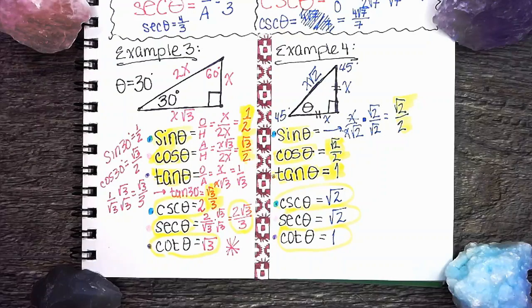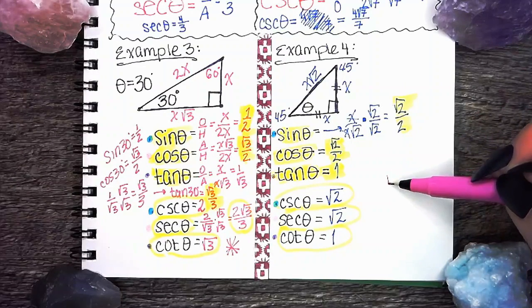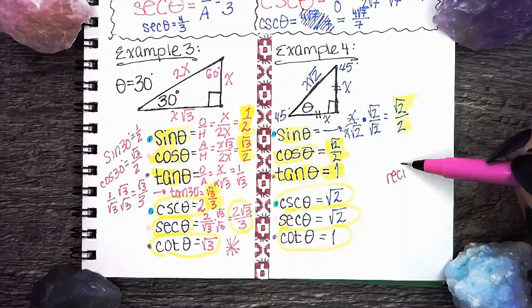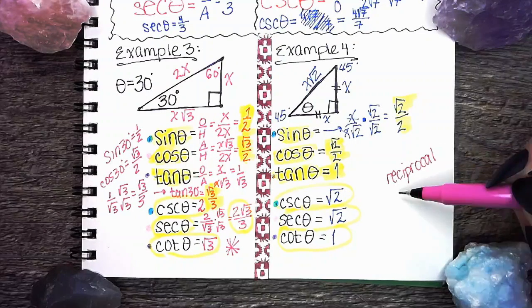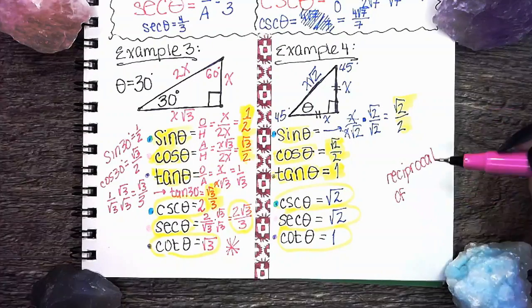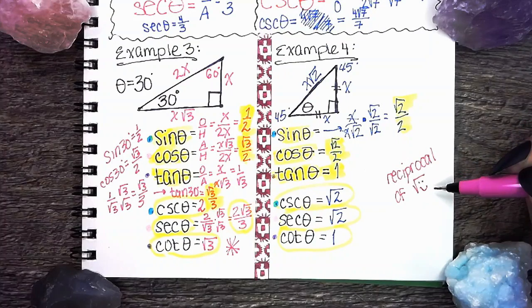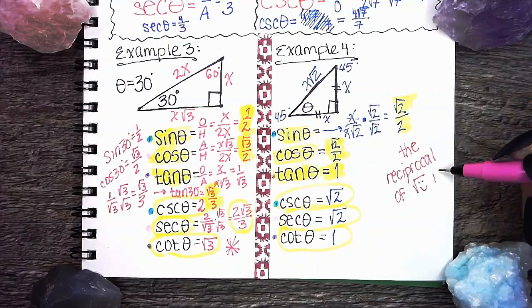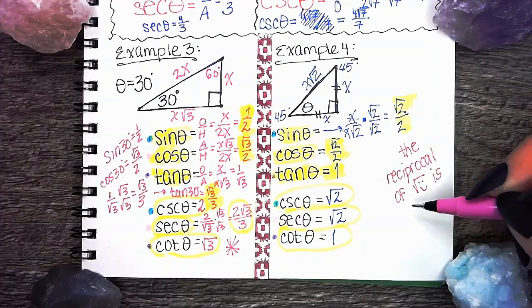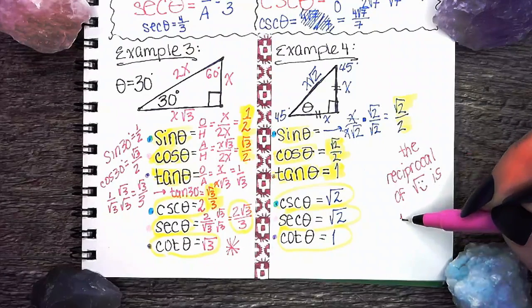But before we go on, let's take a second to talk about something here. Anytime we need the reciprocal of, say, the square root of smiley face, sure, you can say it's 1 over the square root of smiley face.